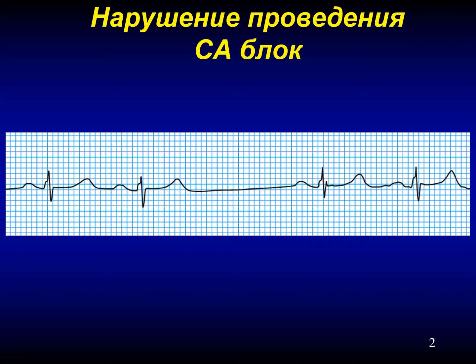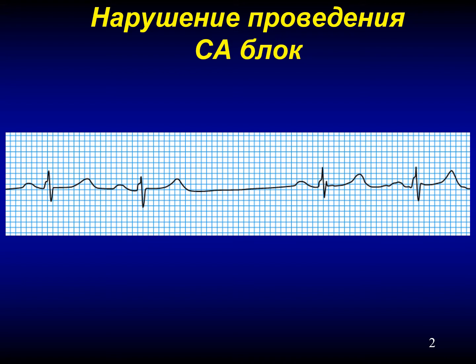Then the next normal complex, and then we have absence of any electric activity inside the heart. We have no P wave, no QRS complex, no T wave, because there are no impulses, there is no electric activity of the atriums during this period of time. And then we have again normal functioning, normal electric activity of the heart.